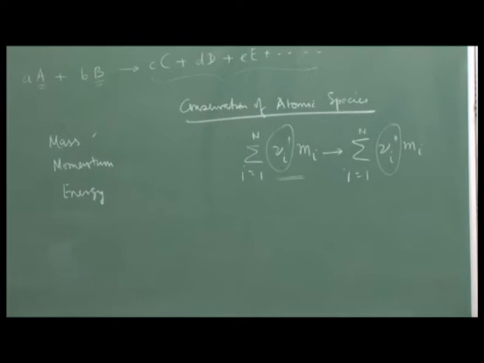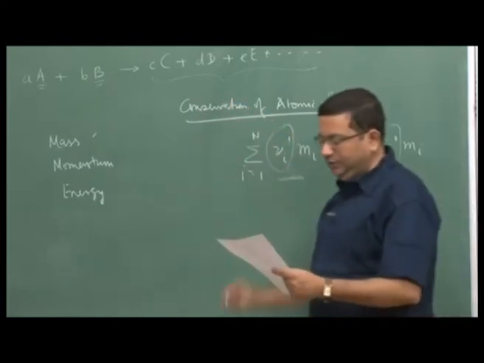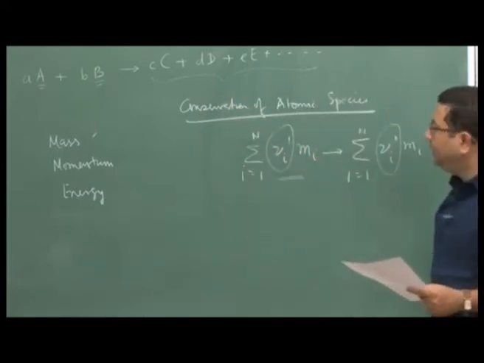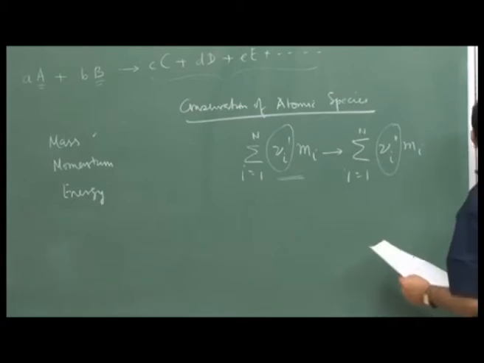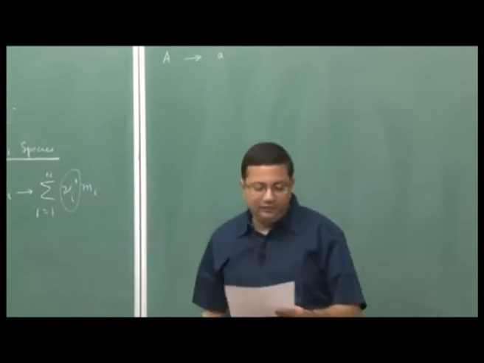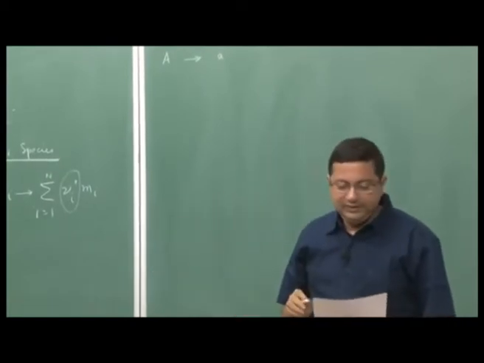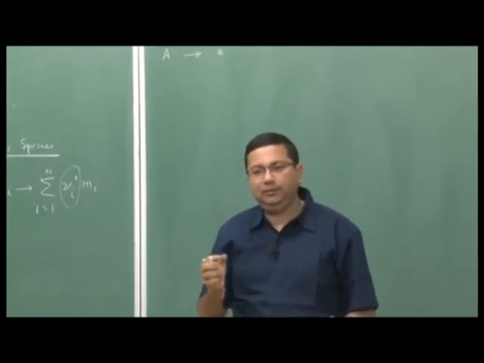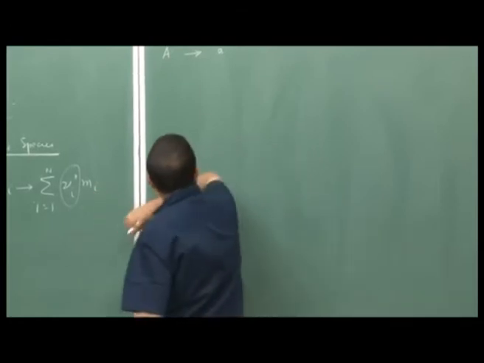So, for each species A, as we have mentioned here, we define small a as the number of that particular species present in a particular molecular species mi. So, mi is my molecular species.